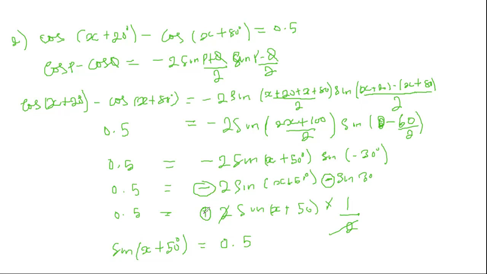Then this one became a multiplication sign, in between the sines. Okay, teacher, I get you. So we have sine of x plus 50 degrees, giving us 0.5.